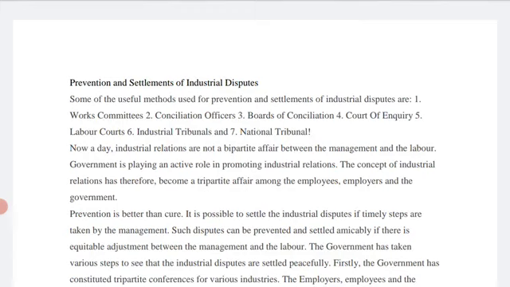Now if the strike is prolonged, for a longer period of time, for days, weeks, or months, who is responsible for this then? Yes, the employer, right?